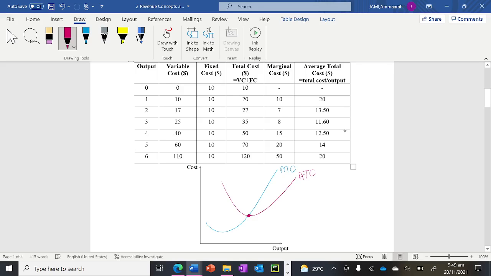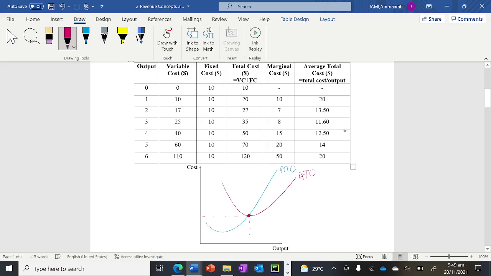Alright, so the lowest average total cost is where average total cost is equal to marginal cost. That's at this point. So that point is where average total cost is lowest. I don't know if you need it though.